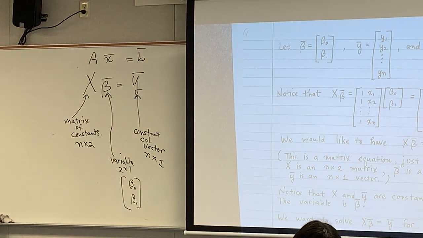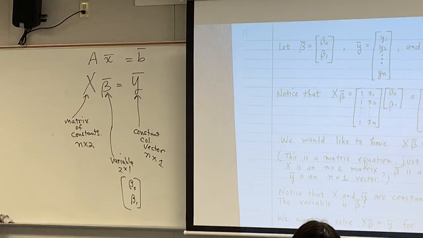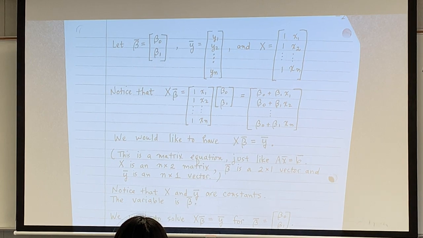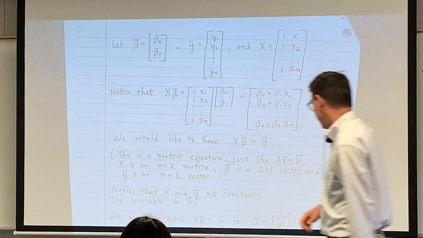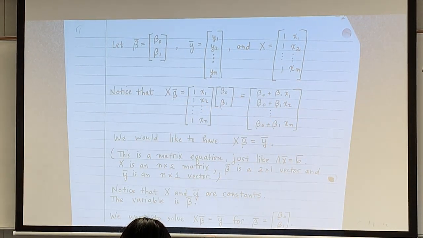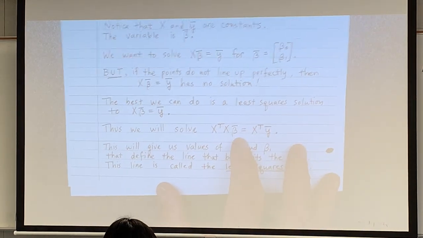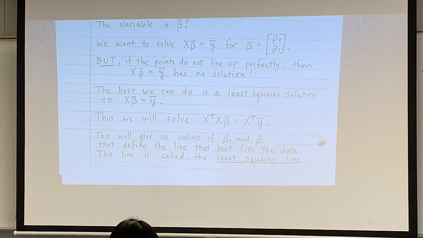Okay, so I could have just read this. Notice that X and Y are constants, the variables are beta, and we want to solve for beta.